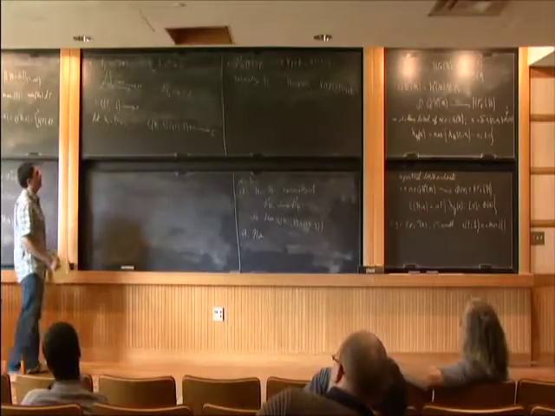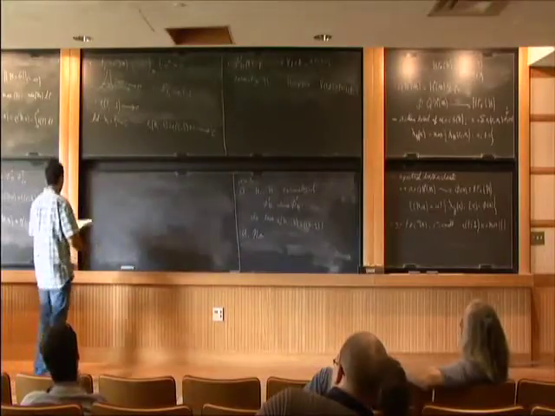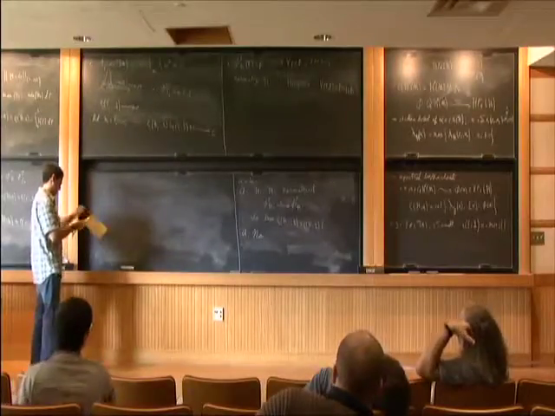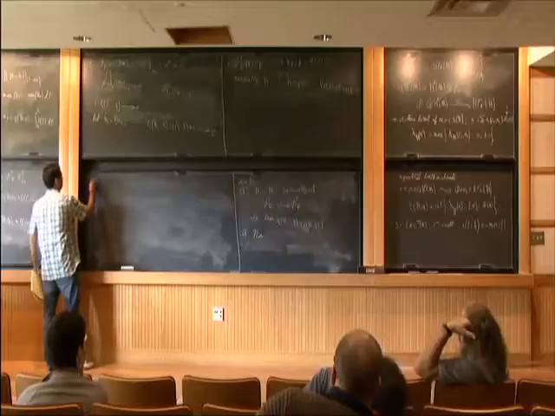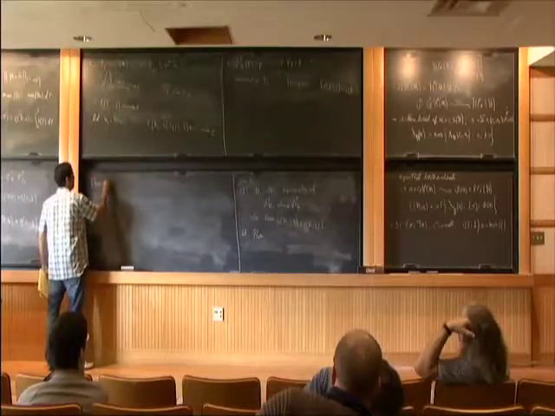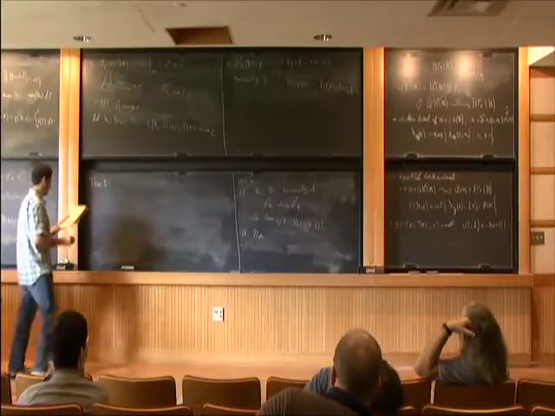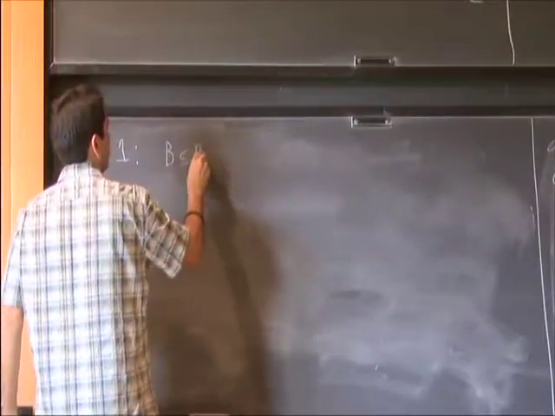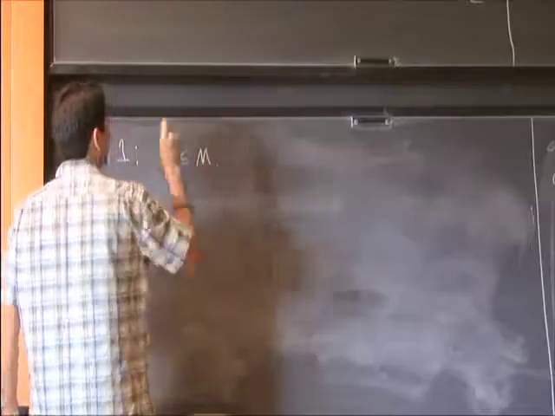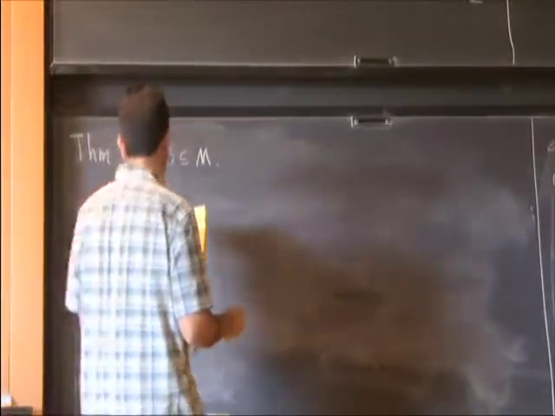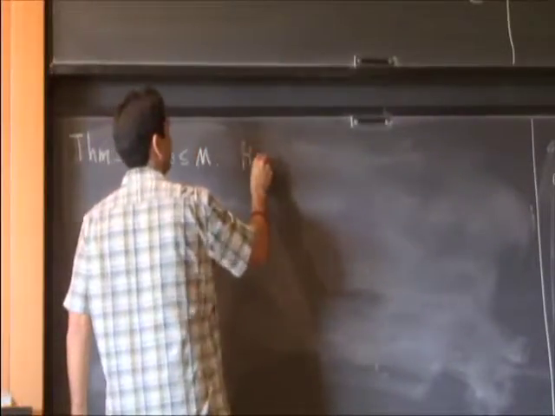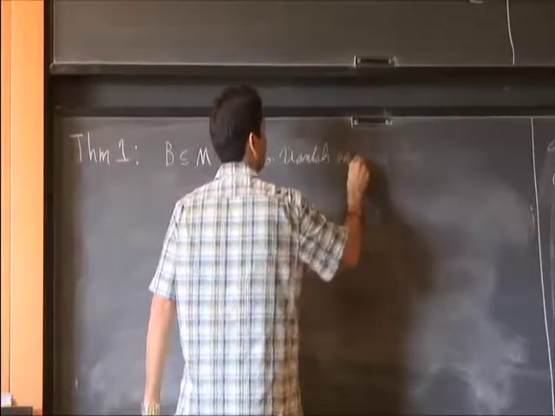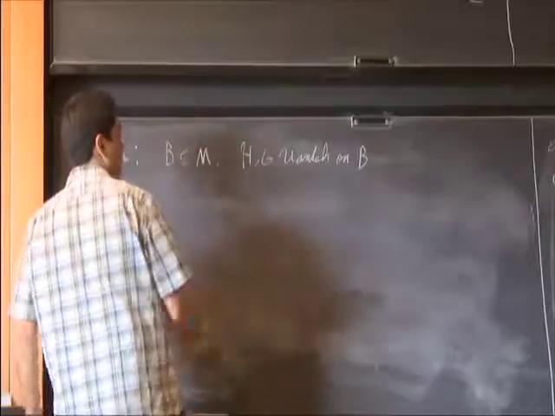Now you might be tempted to think that you could... Oh, I've got to write the theorem first. Let me write it, and then we'll discuss it. So here's the theorem. As I said, you get something better than just C0 continuity. In fact, you get an estimate. Take your ball B in your manifold and fix it, and say H and G vanish on B. Okay, so that's my normalization procedure.